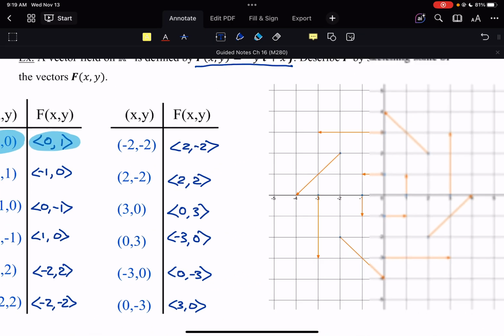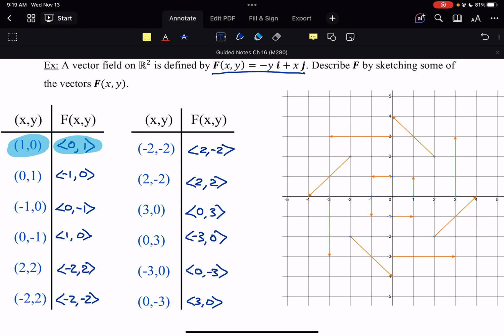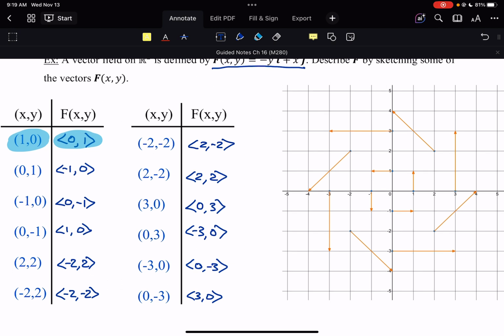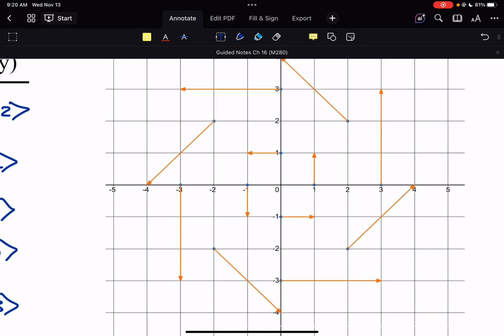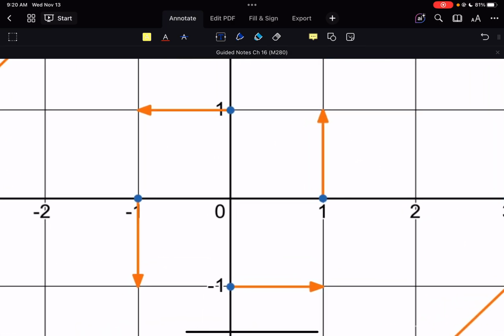If I zoom out here, we can see the vector field for these points. For example, at the point (1, 0) right here, we've got the vector (0, 1) coming out of it. At the point (0, 1), we have the vector (-1, 0). At (-1, 0), we had the vector (0, -1). And at (0, -1), we had the vector (1, 0).